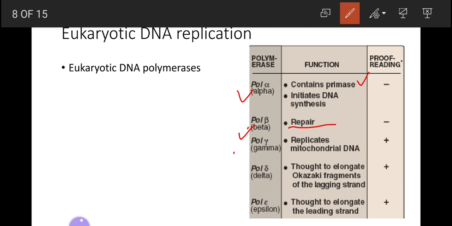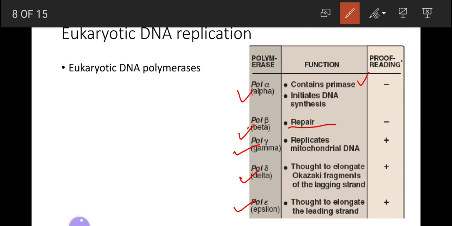Then there is polymerase gamma. Polymerase gamma replicates mitochondrial DNA. Polymerase delta elongates the Okazaki fragments of the lagging strand.